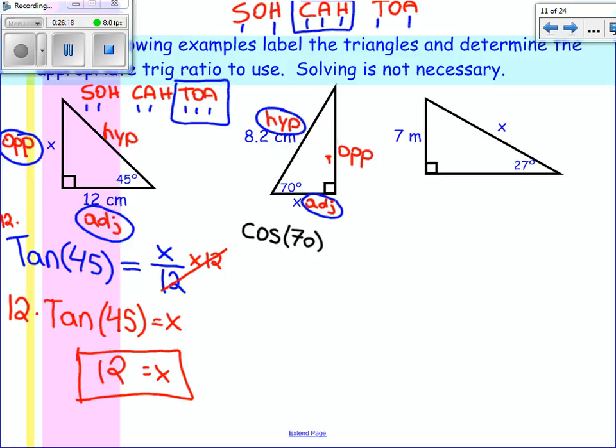What's my adjacent side? X, divided by hypotenuse, 8.2. How can I get x all by itself? Multiply the 8.2 to the other side. So we're going to multiply both sides by 8.2.